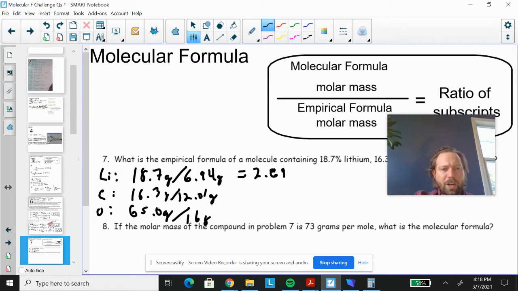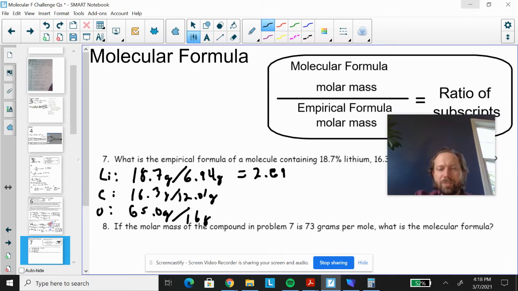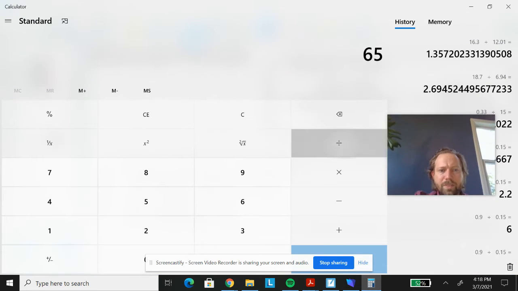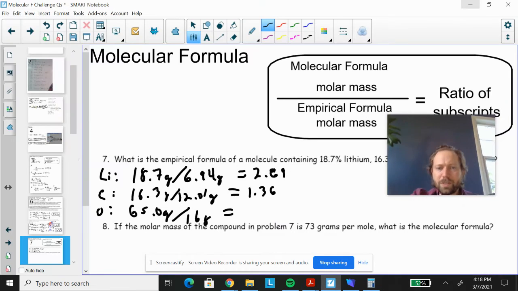Next, carbon: 16.3 divided by 12.01 is 1.36. And lastly, 65 divided by 16 is 4.06.